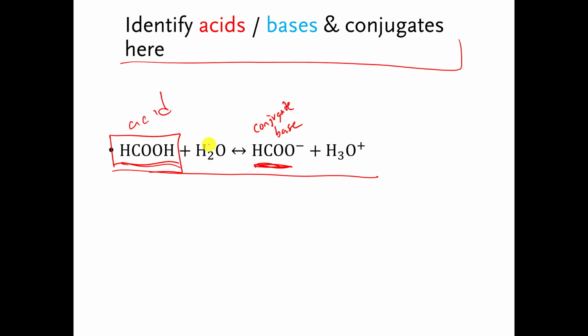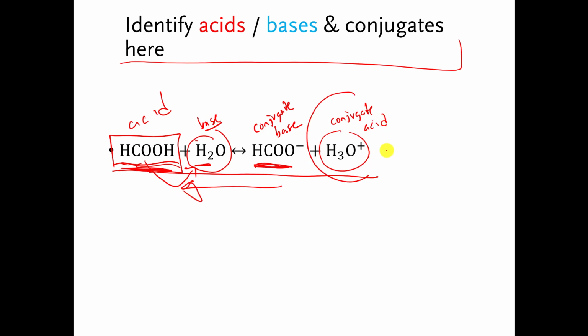And if this is the acid, the water in this case must be the base because it's going to accept an H plus from this acid over here and it's going to turn into H3O plus. So this is the base and this must be its conjugate acid on the right side. And if you run the reaction in reverse, the H3O plus can donate an H plus back to this thing. So this is acting like an acid and that's acting like a base.